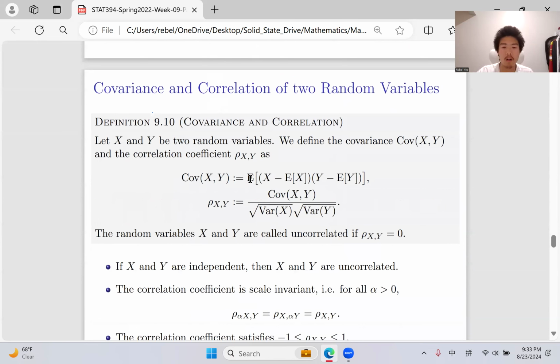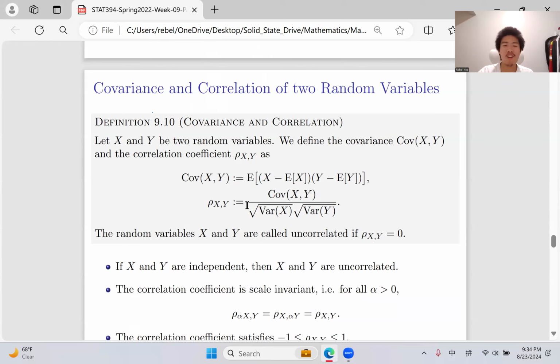Okay, so the definition of the covariance is easy. If there are two random variables, the covariance is defined as Cov(X,Y), which is equal to the expected value of X minus its expectation, times Y minus its expectation. There's also something called the correlation coefficient, usually denoted by the Greek letter rho.